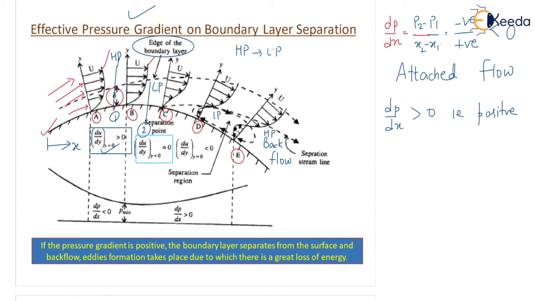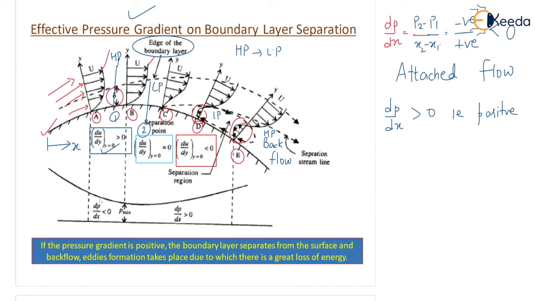And at a point on the separated region, the velocity gradient du by dy is less than 0, because it is going in the reverse direction, so it is backflow. You can see the velocity profile is reversed here. Because of this, du by dy is less than 0.